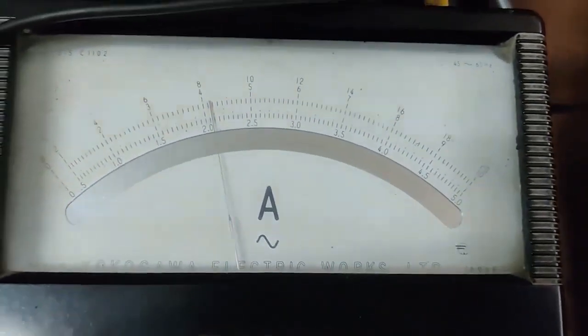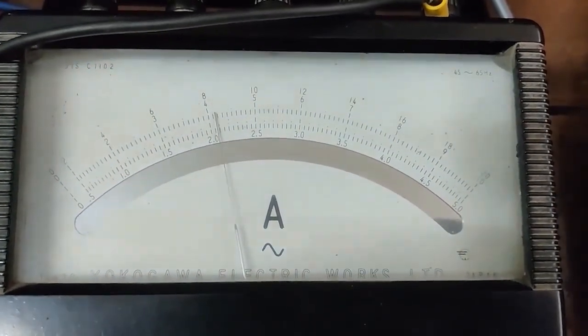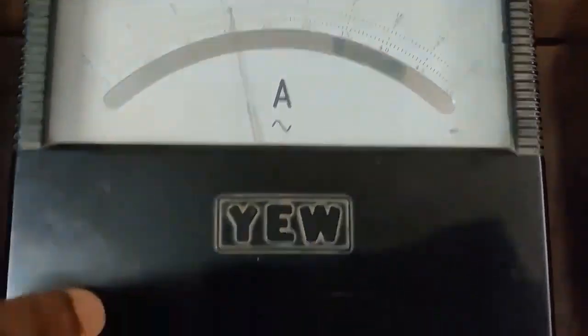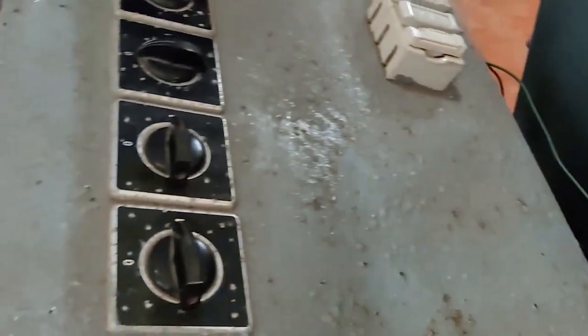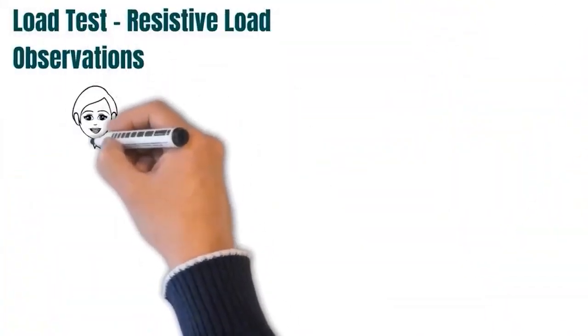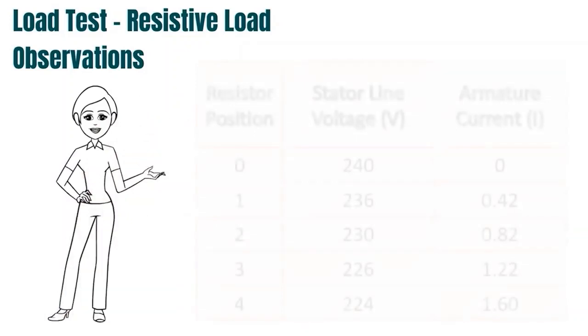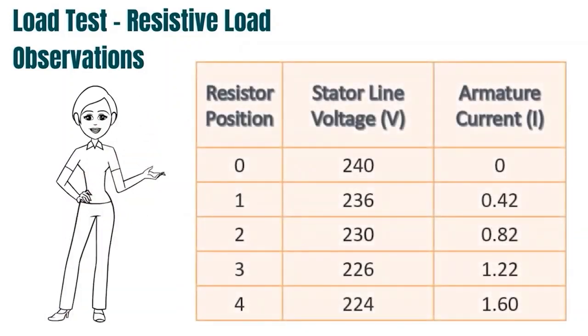Likewise, rotate knob by knob and take the voltage and current readings. These are the values obtained practically in this resistive load test. You must write all the observations of each test in your observation sheet.